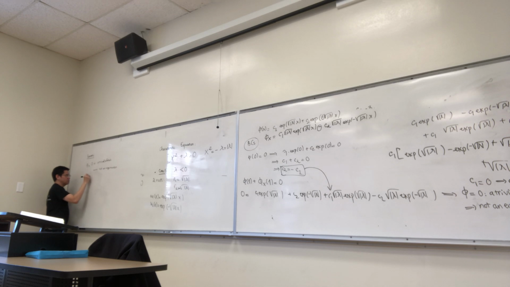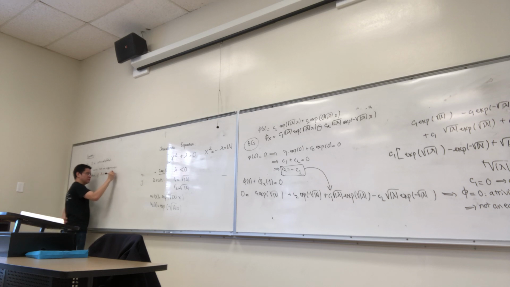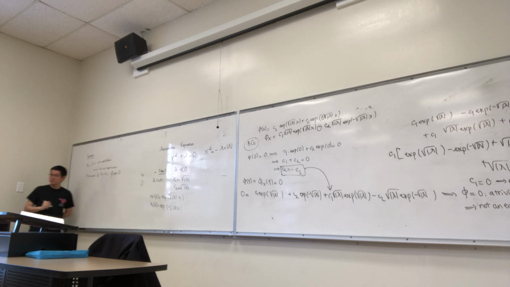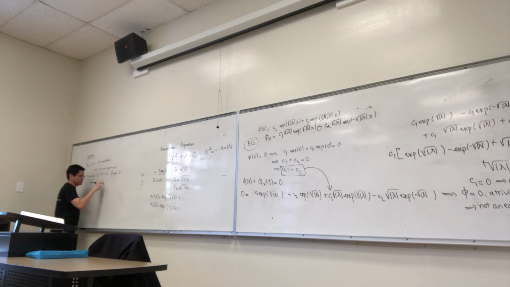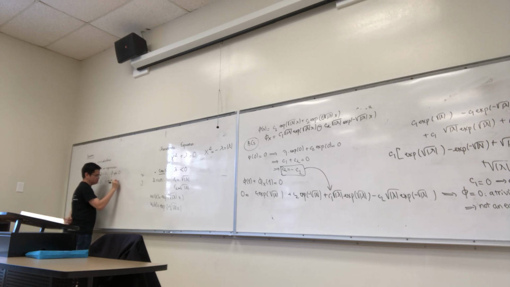However, if lambda is 0 and phi is different from 0, then lambda is still an eigenvalue.